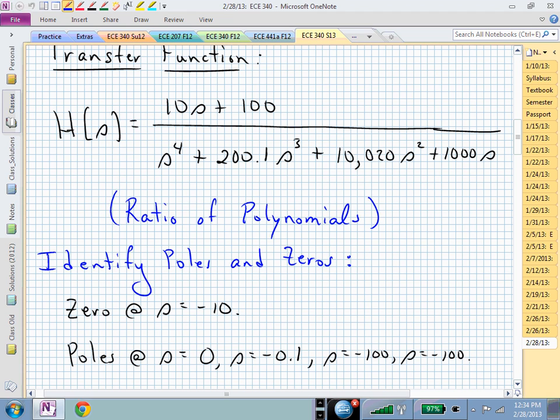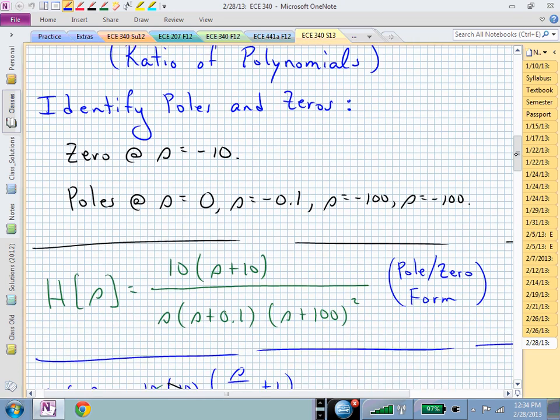That's the same transfer function that we started with before when we were talking yesterday about sketching Bode plots or identifying the different kinds of terms that might possibly be in a transfer function.